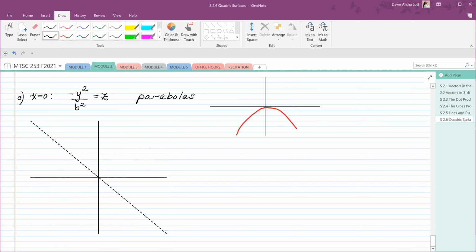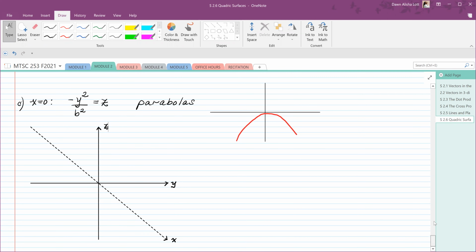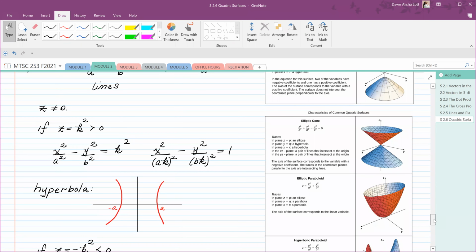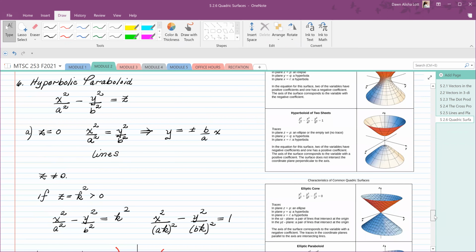Positive x-axis, positive y-axis, positive z-axis. All right, in the xy plane, that's when z is equal to 0. We get lines. I don't even see these lines.